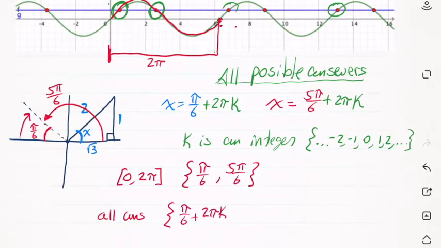The book might use n. K and n are the same thing. And then the other one would be 5 pi over 6 plus 2 pi k. Now this 2 pi k is going to become a little trickier later when we start changing the periods of the graph itself.